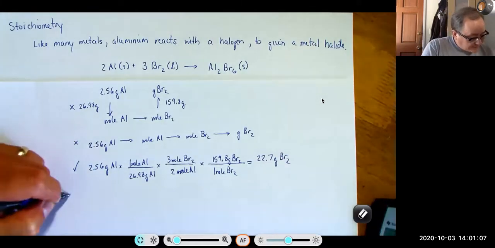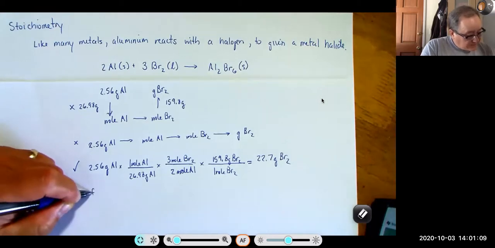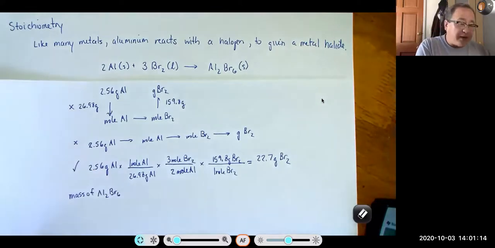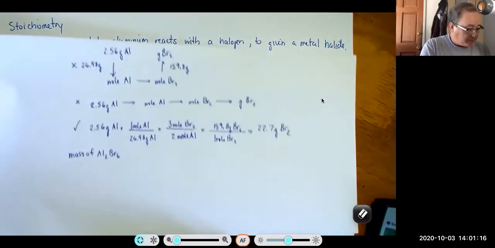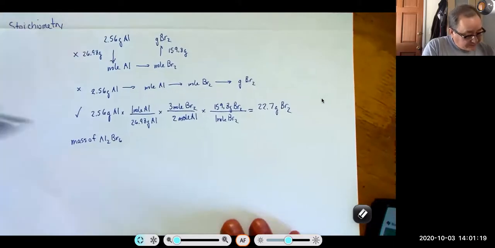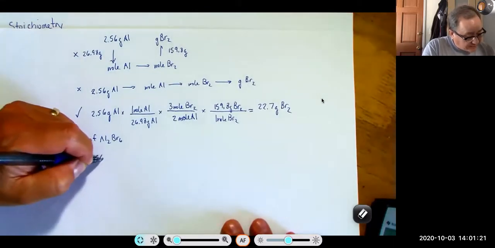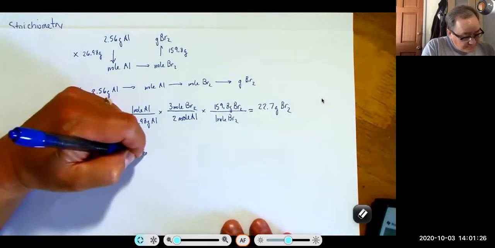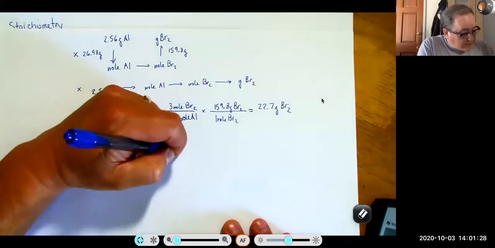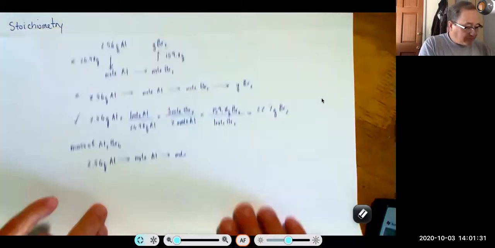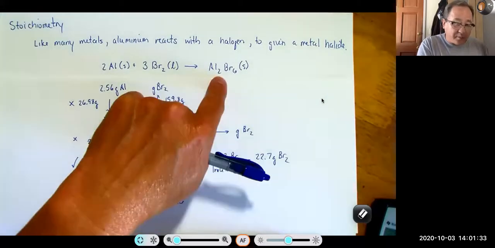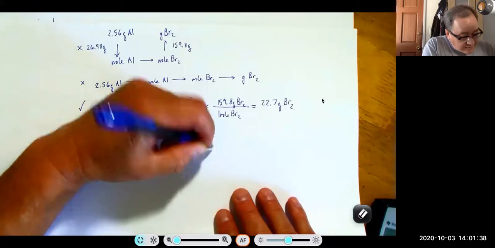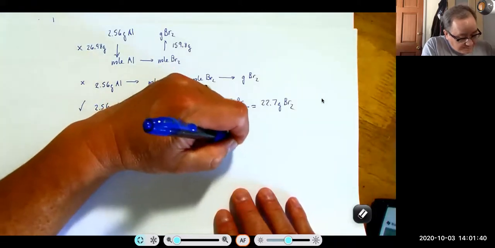What about the mass of aluminum bromide? Well, there are two ways of getting that number. We could do this. 2.56 grams of aluminum, turn that into moles of aluminum, turn that into moles not of Br2, but moles of aluminum bromide, and then turn that into grams of aluminum bromide.